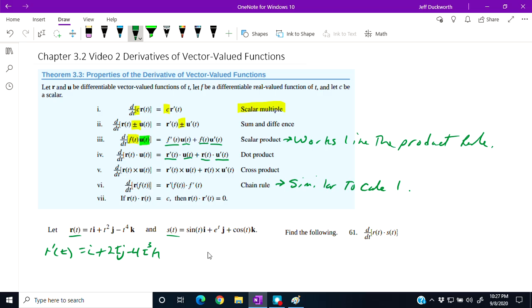All right, and then the derivative of s. The derivative of sine is cosine. The derivative of e to the t is just e to the t. And then the derivative of cosine is negative sine.